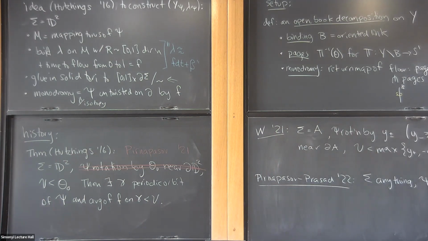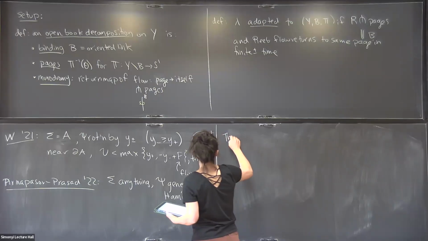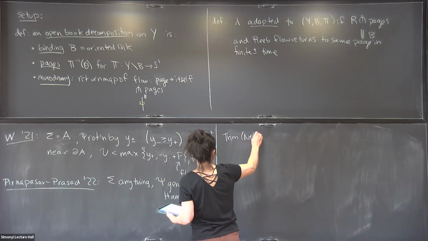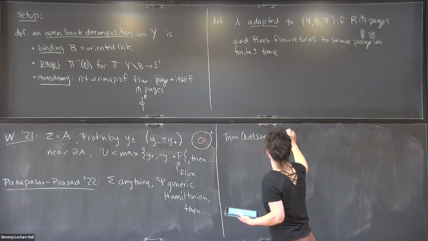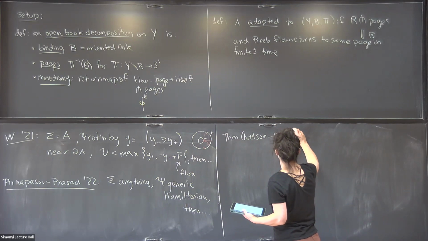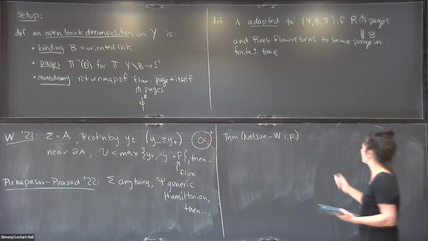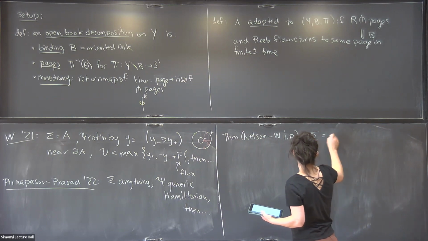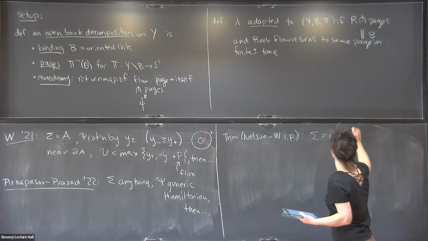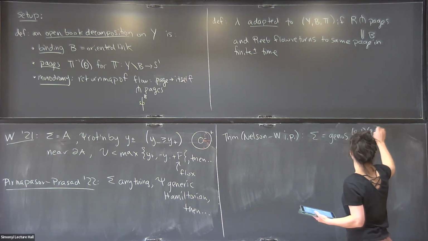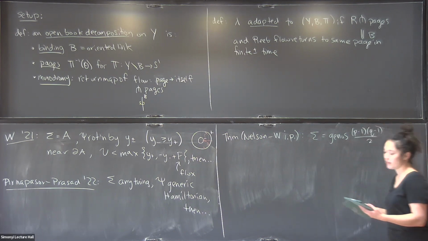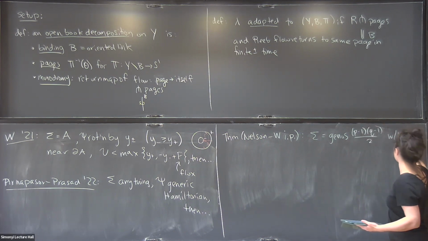So this is in progress with Joe Nelson. Hopefully in a few months you will see this on your computer screens. So this is a genus (P minus 1)(Q minus 1) over 2 surface with one boundary component.